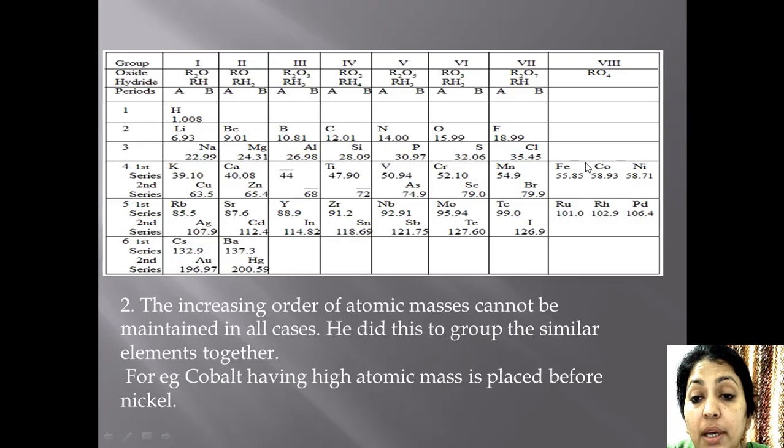Cobalt has more atomic mass compared with nickel. So cobalt actually should be placed after nickel, right? But the properties of cobalt are similar to rhodium, and the properties of nickel were similar to palladium. That is why he grouped these elements together irrespective of their atomic masses.